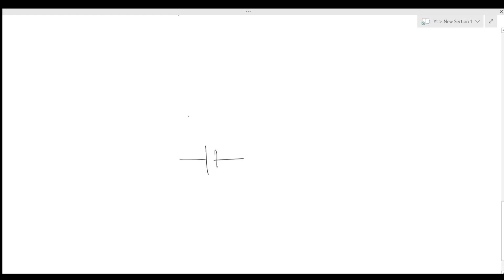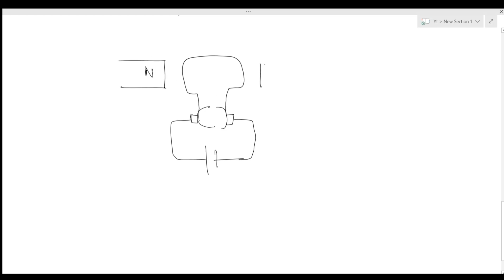So this is the wire, this is the slip ring commutator. There's actually a space there in which it's not connected, and I'll get to that in a bit. This is the armature, and these are the poles.